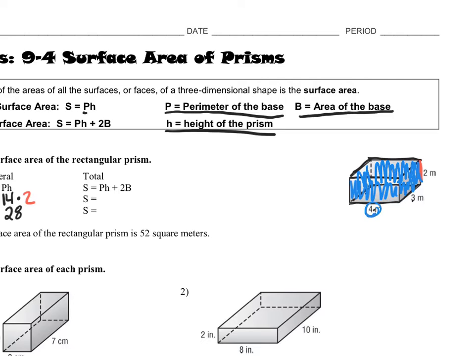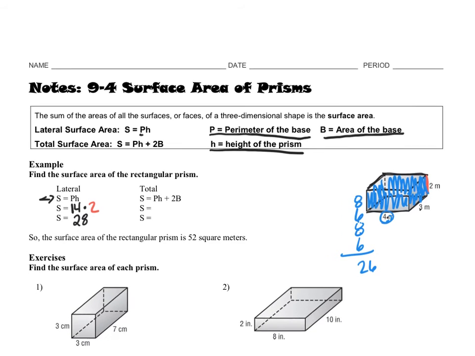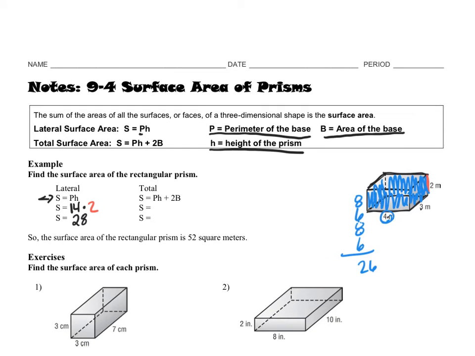This box is 4 times 2, which is 8. This box is 3 times 2, which is 6. And we have another 8 and another 6. 12 and 16 is 28. So we got 28 here.